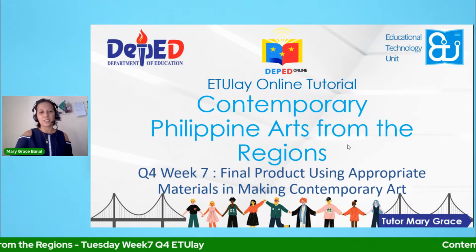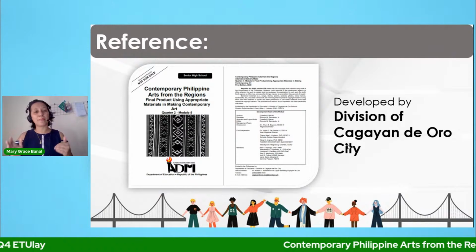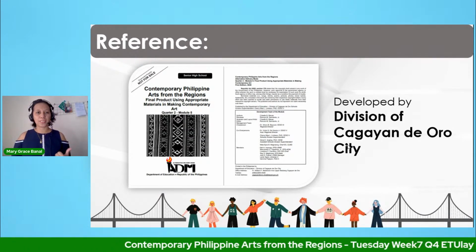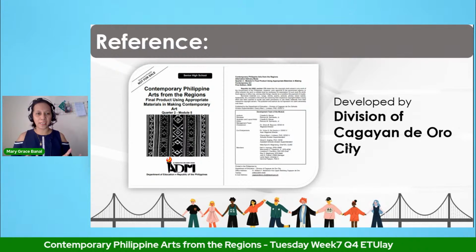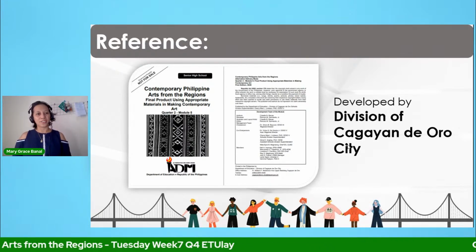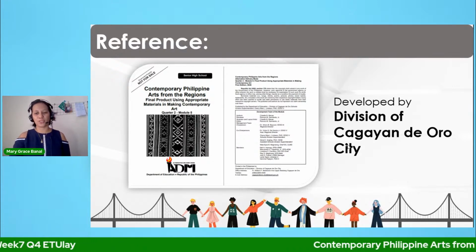All right. This time around, we are going to use the same reference material that we used last time. This is an ADM developed by the Division of Cagayan de Oro City. Thank you very much for lending us this module.